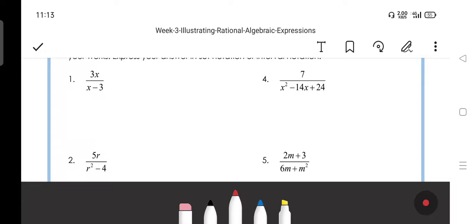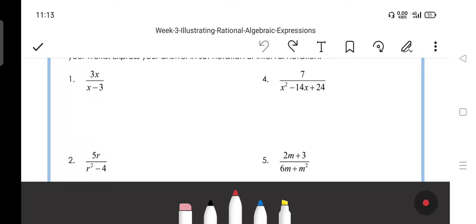So to determine which value can make our denominator equal to 0, our concern here is only the denominator. So disregard the numerator. What are we going to do with our denominator? Simply, we're going to equate the denominator to 0.